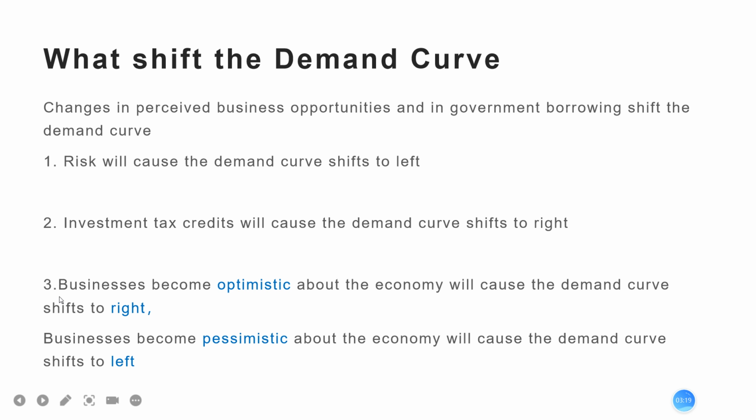And finally, if businesses become optimistic about the economy, the demand curve shifts to the right, and if businesses become pessimistic about the economy, the demand curve shifts to the left.